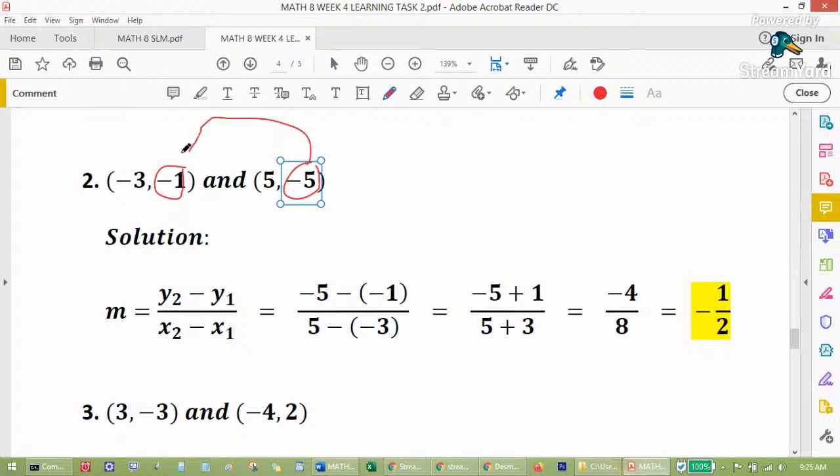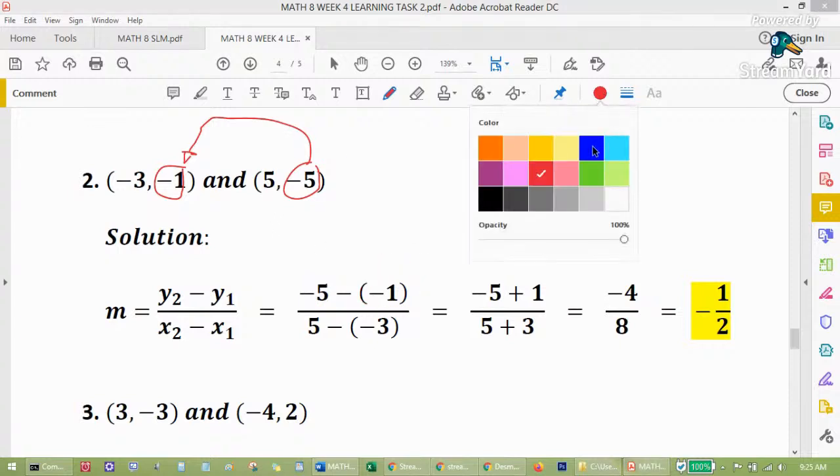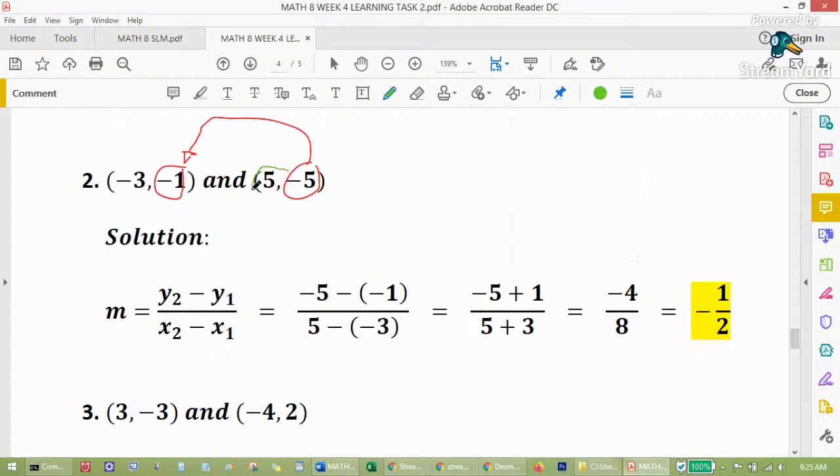Pag ganon. Okay, so negative 5 minus negative 1. And then, positive 5 minus positive 3. Pag ganon. From the second to the first. So, positive 5 minus negative 3.